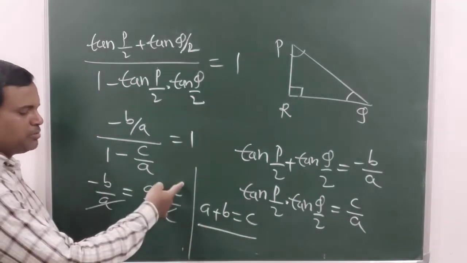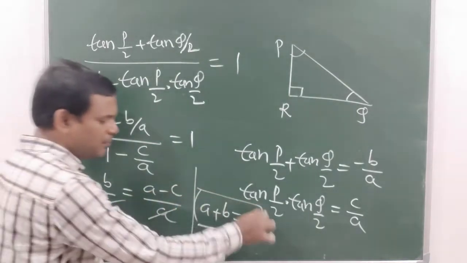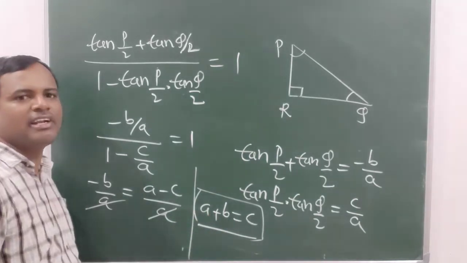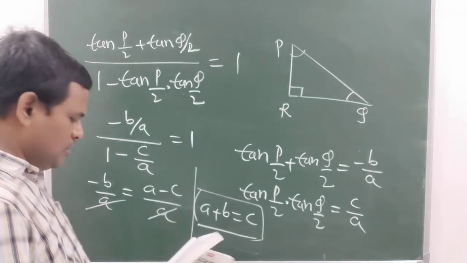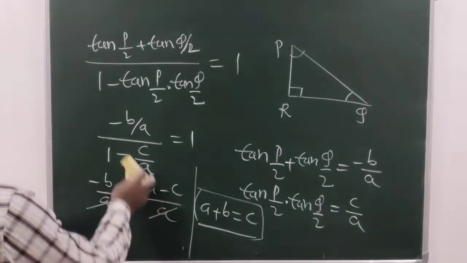So shift this minus b to the right side and minus c to the left side, so that we get a plus b is equal to c. So this is our required relation between a, b, c. Right. Next, let us go to one more application.